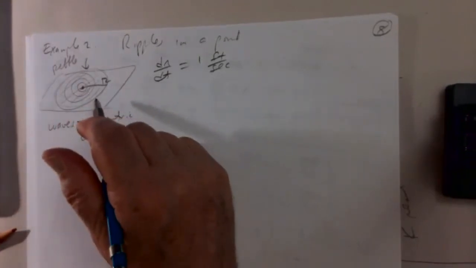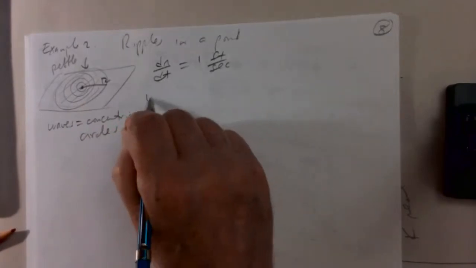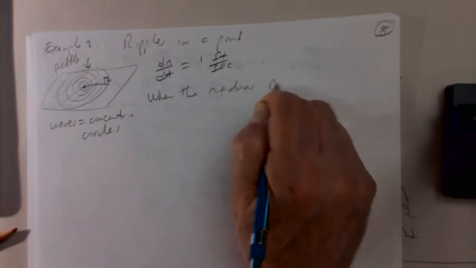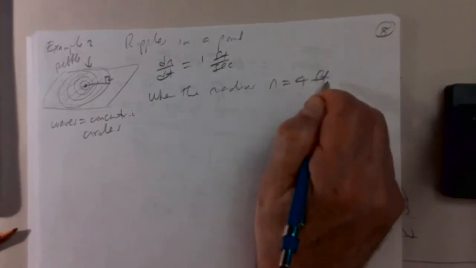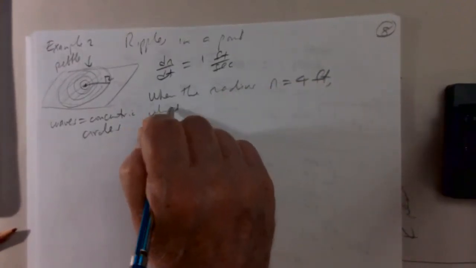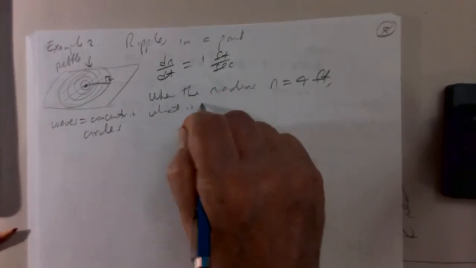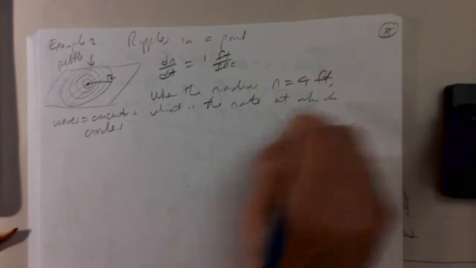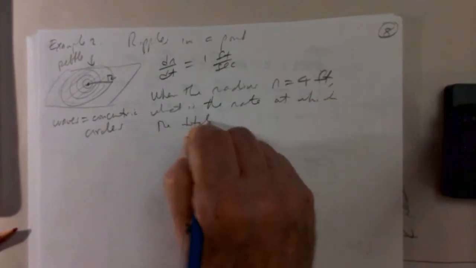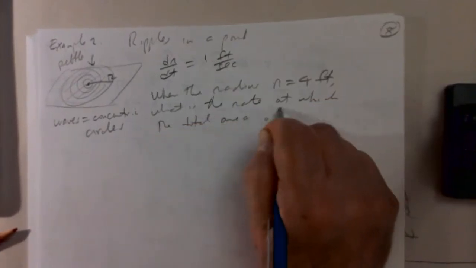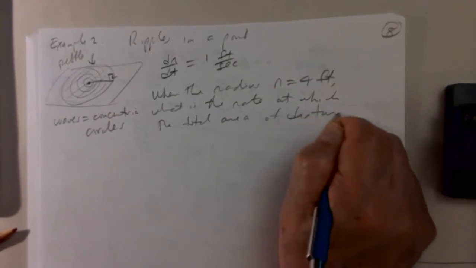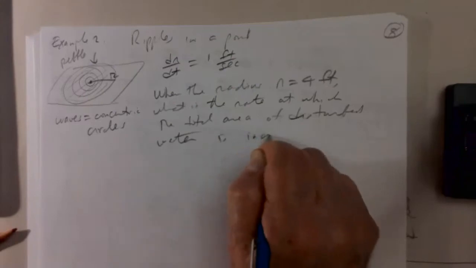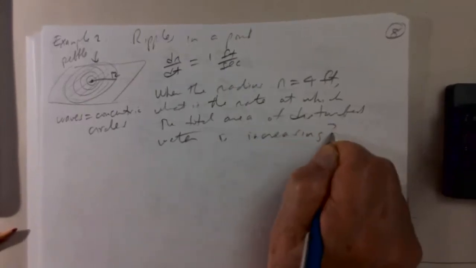So when the radius r is equal to 4 feet, what is the rate at which the total area of disturbed water is increasing?